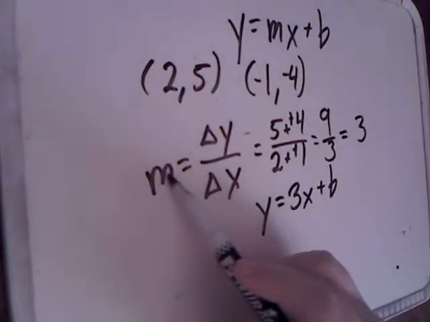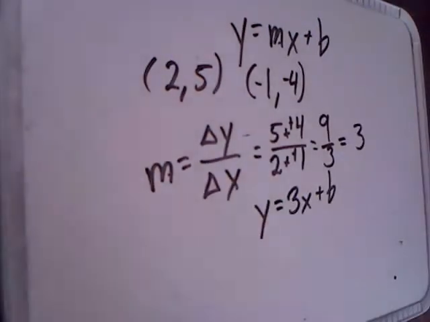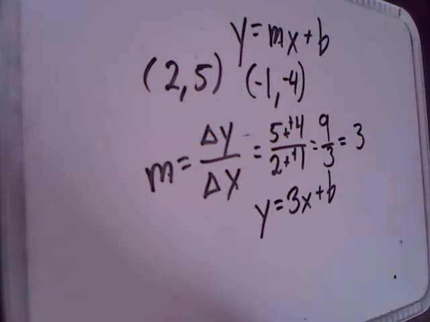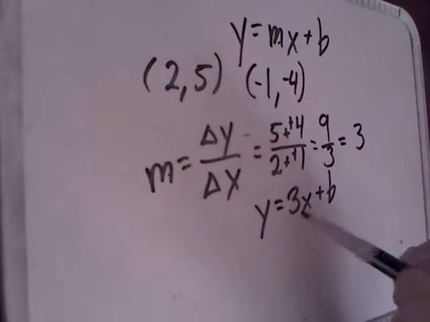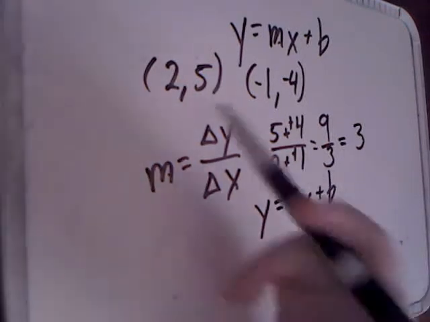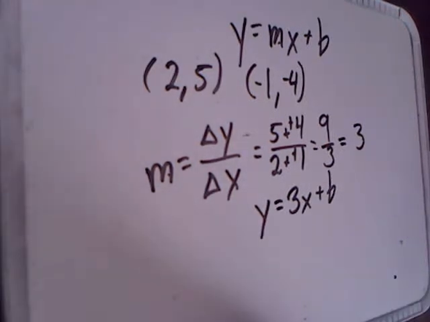Remember, 3 is the slope, so instead of writing m, I just put a 3 in there. Now I need to figure out what this b is, this y-intercept. To figure out the y-intercept, I'm going to pick one of these points and put it in the equation. Because I don't want to work with too many negatives, I'm going to put 2, 5 into the equation.